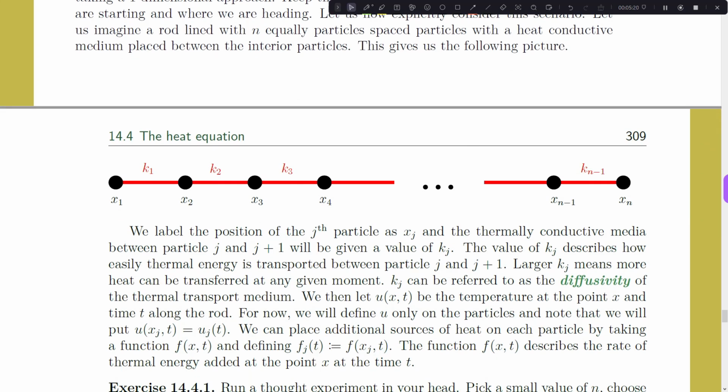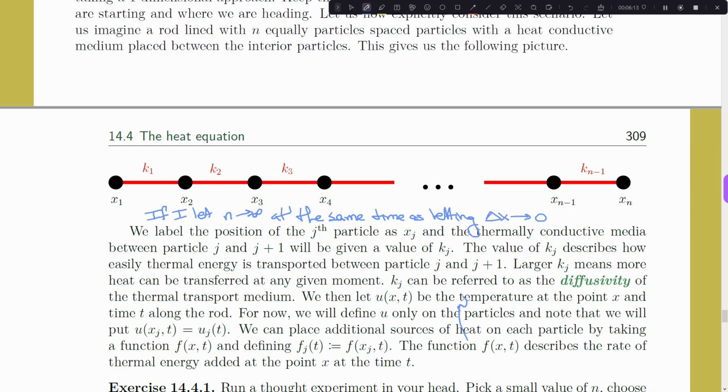The idea with the continuum limit is that if I let n go to infinity at the same time as letting the distance between the x's tend to 0, I'm going to bring my nodes closer together, but I'm going to make an infinite number of nodes. Then I recover a continuous function with a continuous idea of metal rods, infinitely small metal rods, giving infinitely small points a different conductivity.